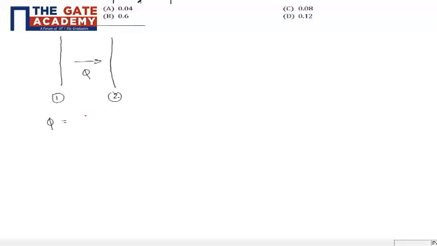The heat transfer through radiation is given as sigma times the temperature difference to the power of 4, divided by the emissivity term, which is what matters.